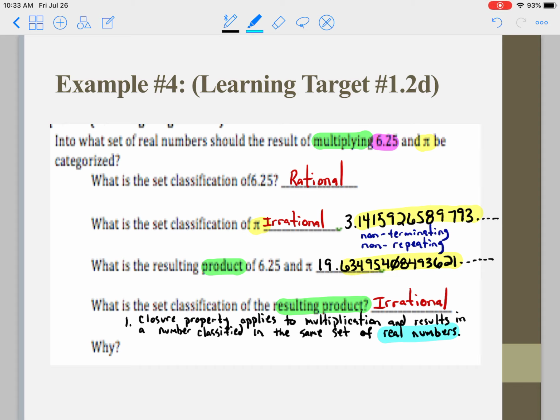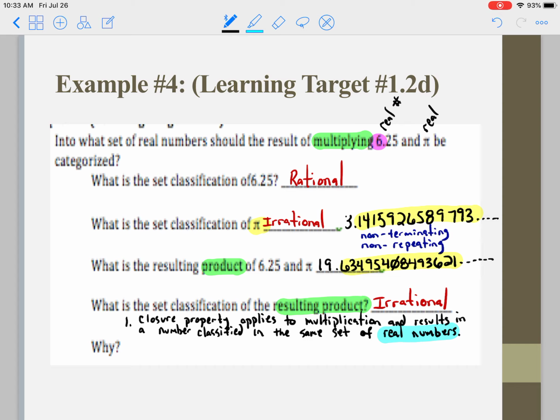So what we're actually doing is multiplying a real number times another real number.